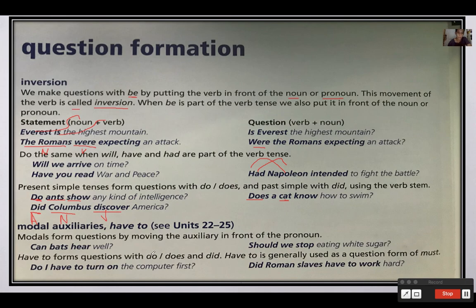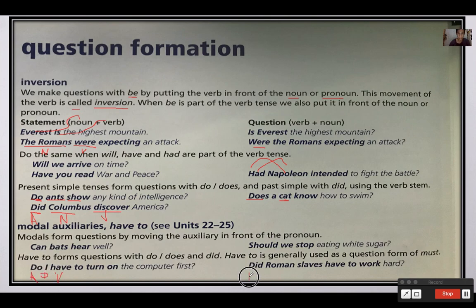Have to forms questions with do or does. Indeed, have to is in general used as a question form of must. For example, do I have to turn on the computer first? Did Roman slaves have to work hard? Over here, auxiliary, pronoun or noun, and verb.